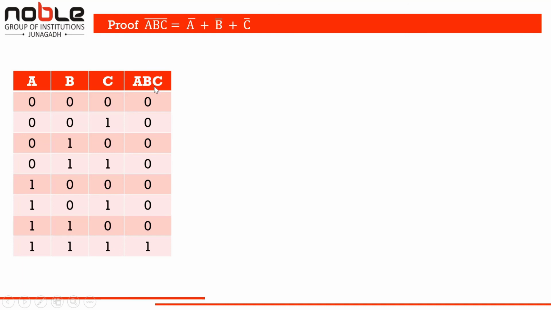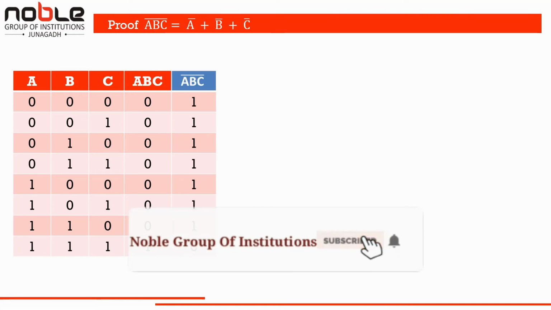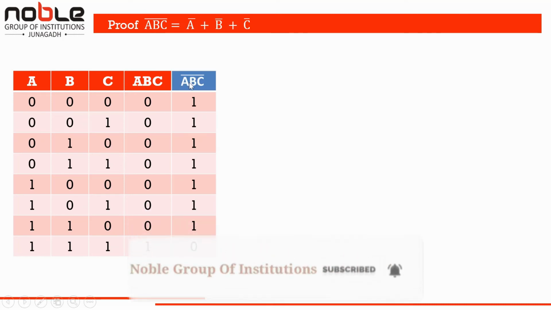And now we have to convert this A dot B dot C value into A dot B dot C whole bar, and now it is converted, it would be 1 1 1 1 1 1 1 and 0.